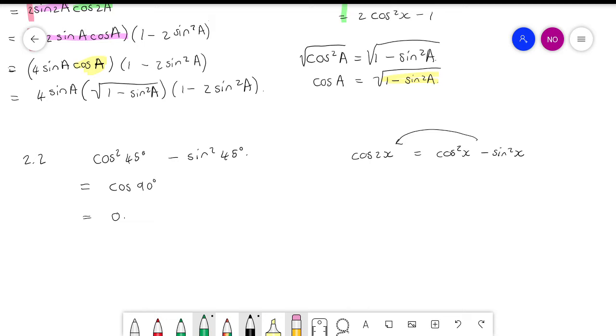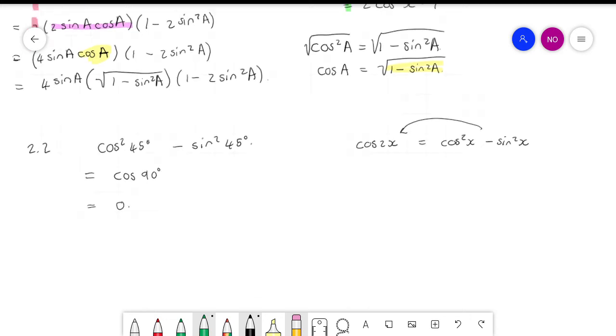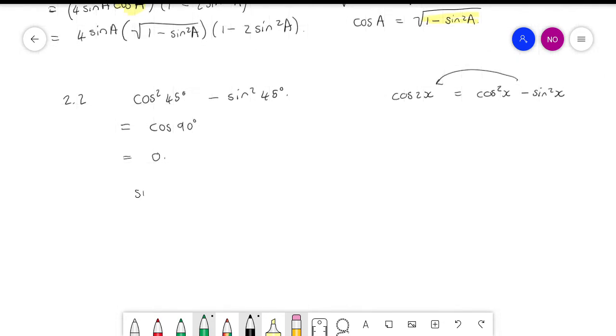Okay, on that note, I want to do another one here. What if I asked you for sine squared 45 degrees minus cos squared 45 degrees? What do we do now? You don't have an expansion that looks like that.